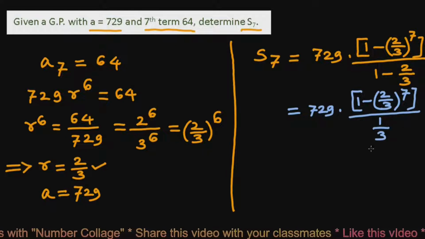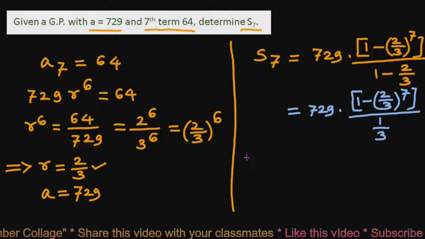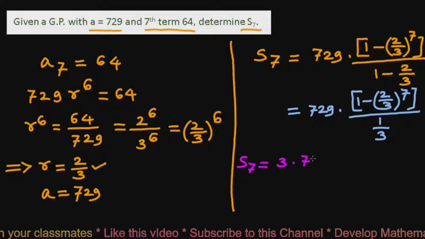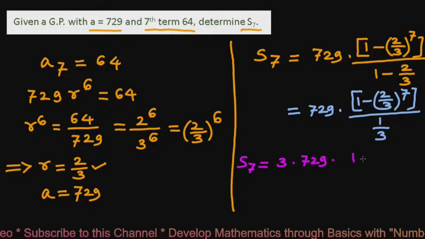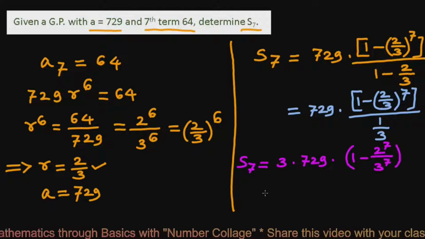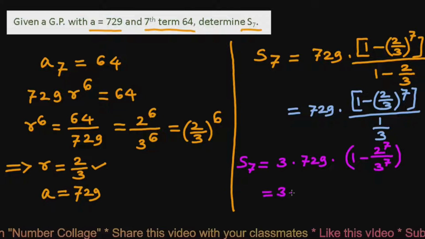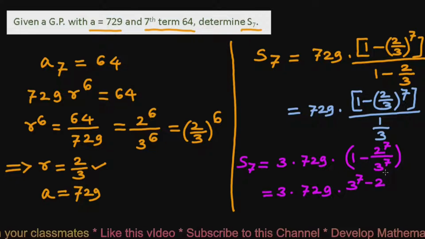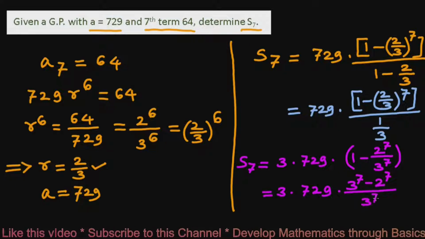This can be further simplified as S7 equals 3 into 729 into 1 minus 2 power 7 upon 3 power 7, that will be 3 into 729 into 3 power 7 minus 2 power 7 upon 3 power 7.